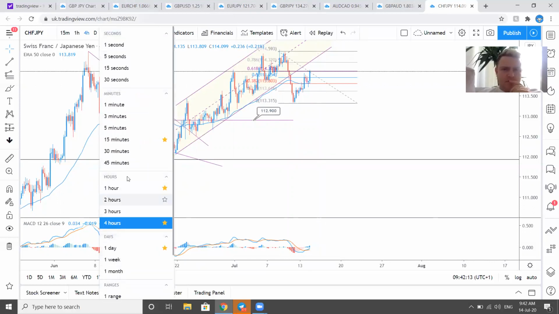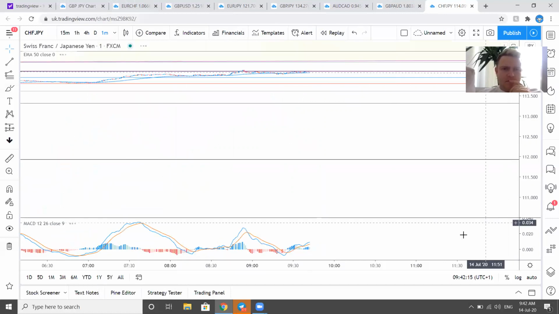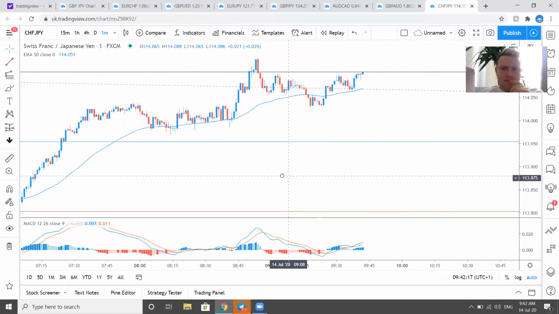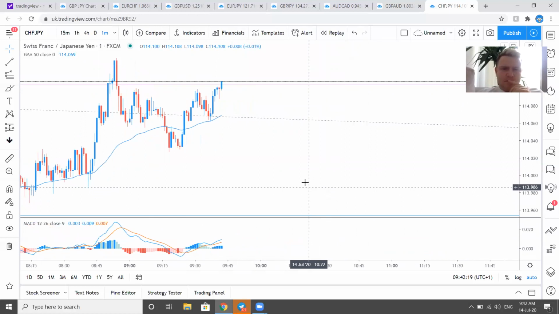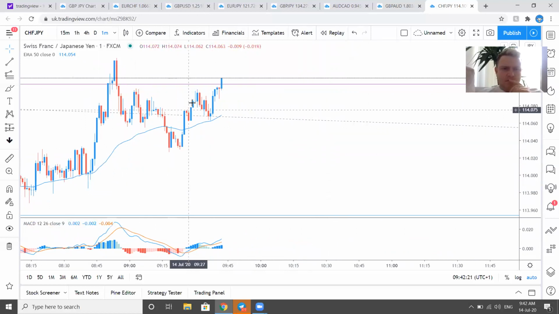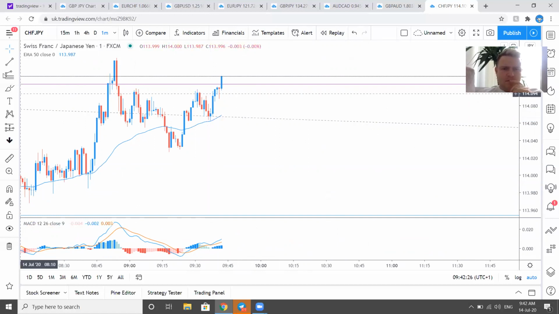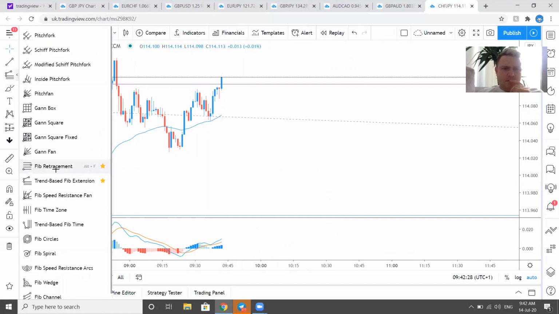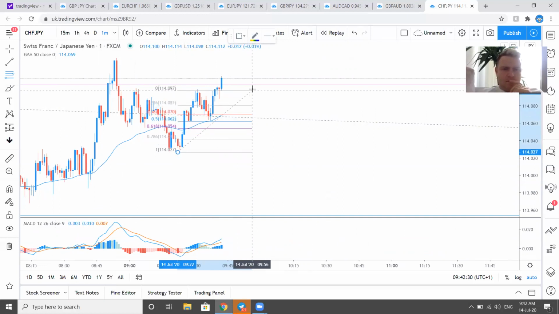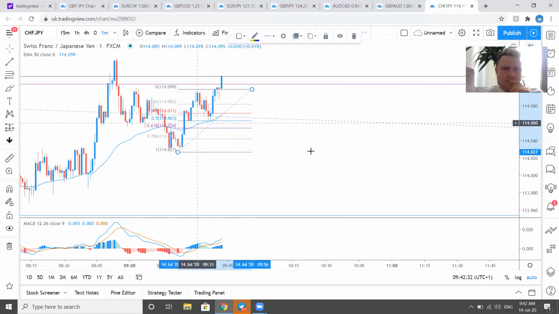Even if we were to jump into the 1 minute view. Low, high, retrace. So has this retrace respected a fib level? Bang on the 50.